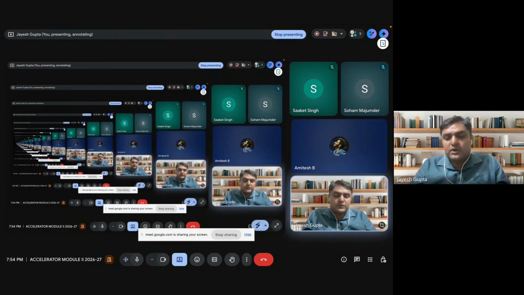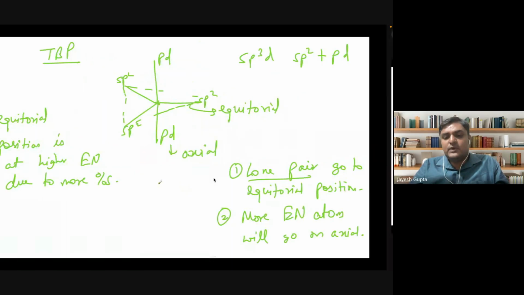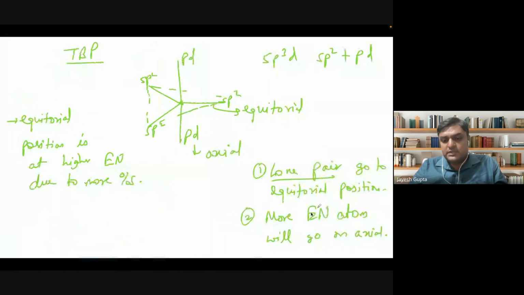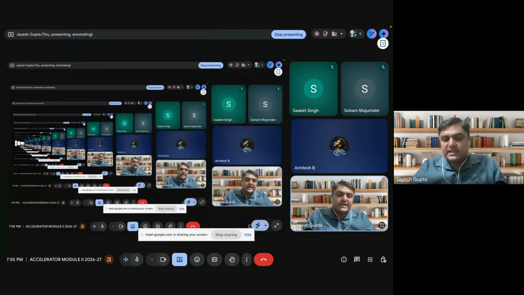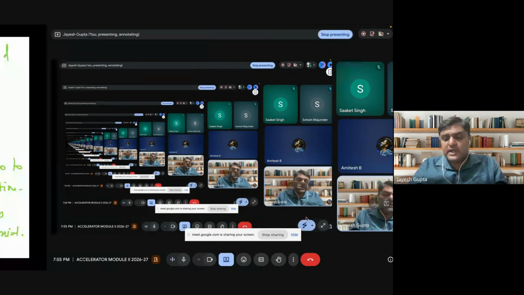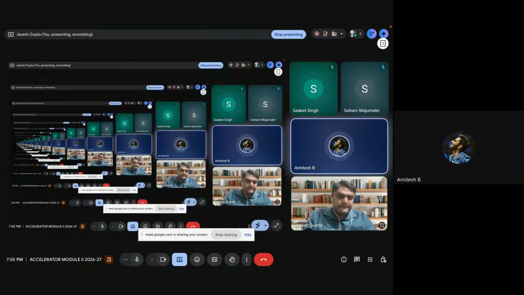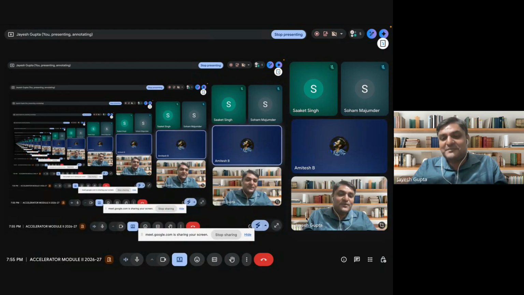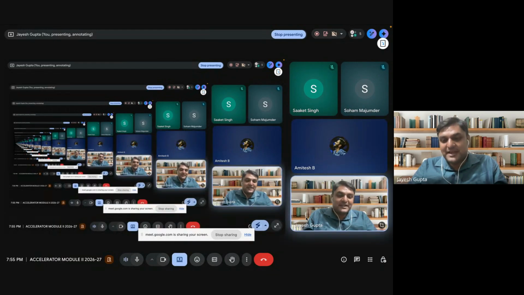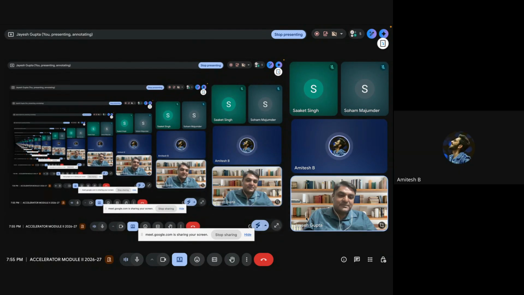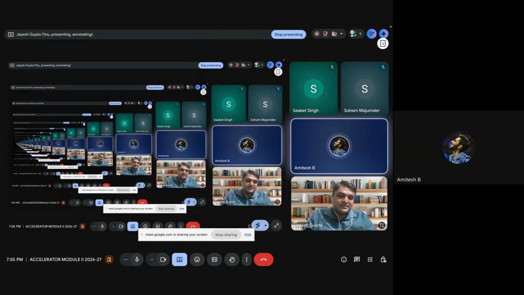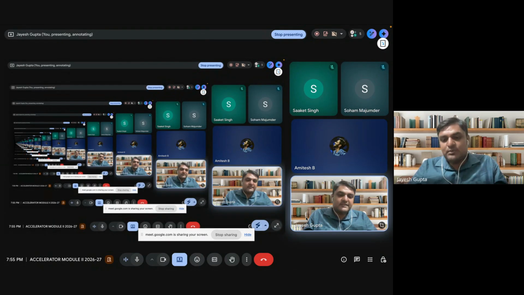In the last slide I told you that the more EN atom will go on axial position, because in axial position there is less electronegativity. So out of fluorine and chlorine, which has more electronegativity? Fluorine, because it has a smaller size, so fluorine will have higher electronegativity.